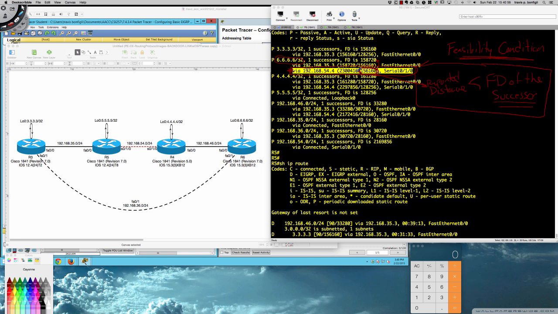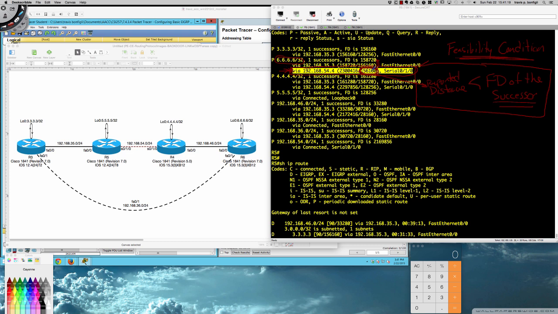Because what EIGRP is saying is that I can guarantee that because this reported distance is less than the current feasible distance, it's impossible that he's going through the successor to come up with that number. Does that make sense? Hopefully that makes sense.